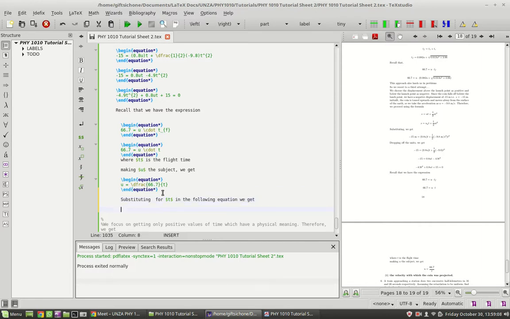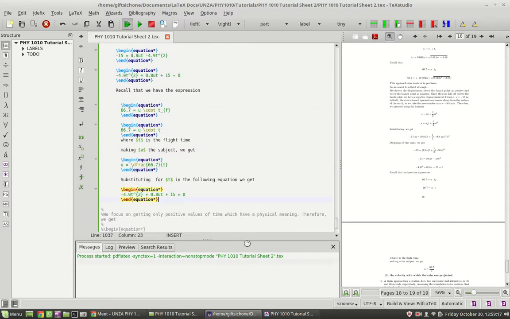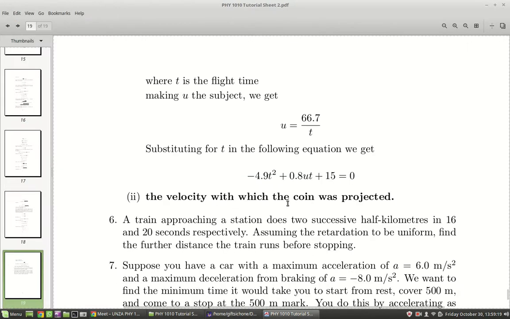We got, so in this equation, we want to substitute for u here. Where is u?